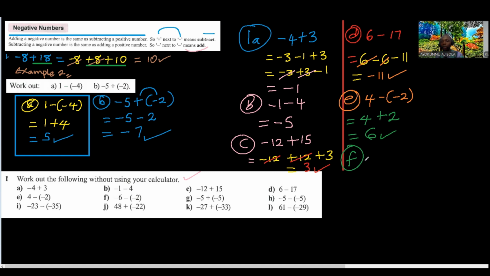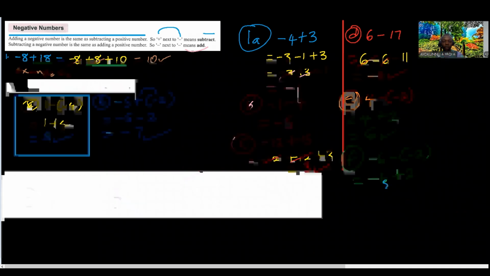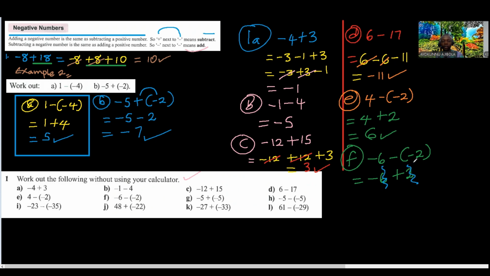Then option F, we have negative 6 minus a negative 2. Okay? So negative next to negative indicates positive. Then minus 6. Now you can see what we have. The quantity of negative is more than the quantity of positive.